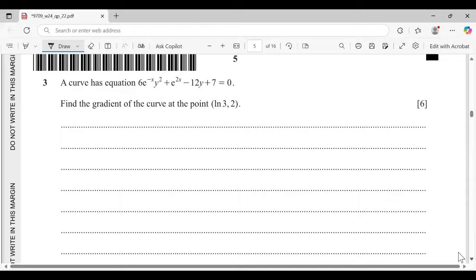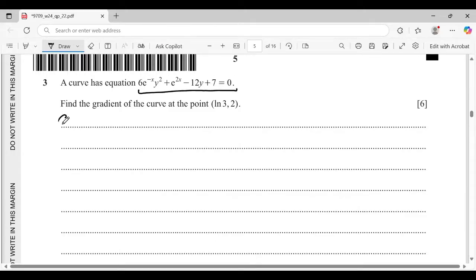Number 3, a curve has this equation. Find the gradient of the curve at the point ln 3, 2. Right. So first we need to differentiate implicitly for this equation.